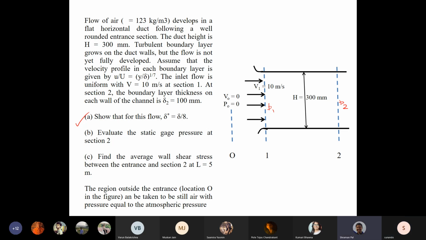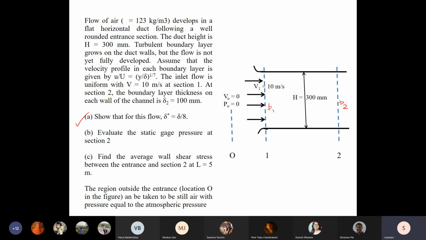We have already found delta star, so we can calculate the numerical value of it. Then we find out the area at section 2. Correct. The area which corresponds to delta star, that means the area when I incorporate the boundary layer displacement thickness into my consideration. Therefore, the entire flow situation at 2 is replaced now with the new area.